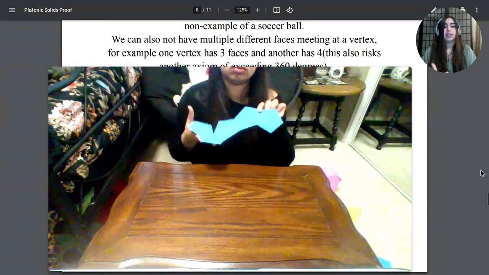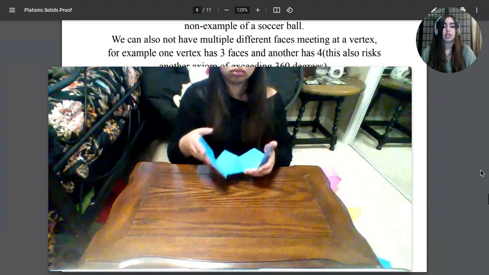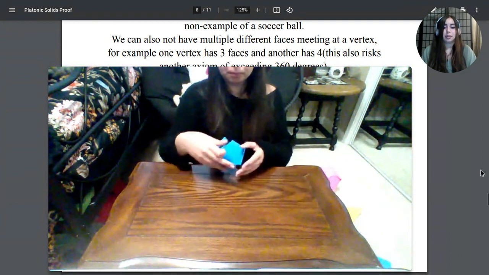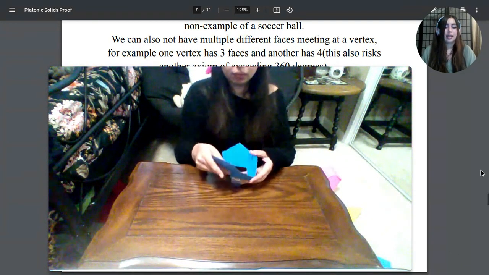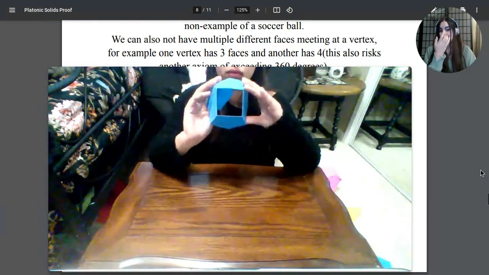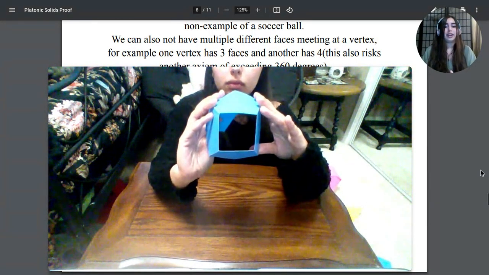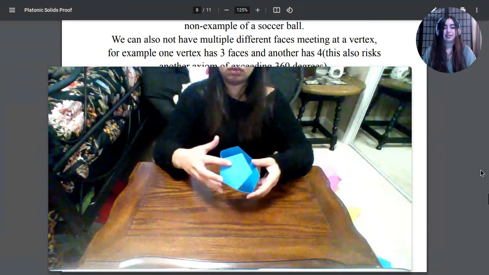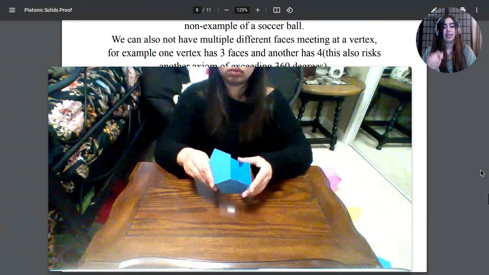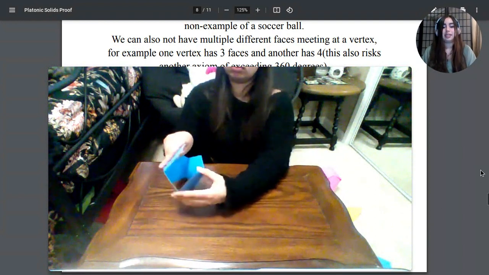Now I'm continuing with adding more and more pentagons to try to make it work, but as you can see, it is simply impossible to create more than one. It creates a square space, which, as we stated before, we cannot have. And it also leaves a little bit more empty space on that little hanging one.